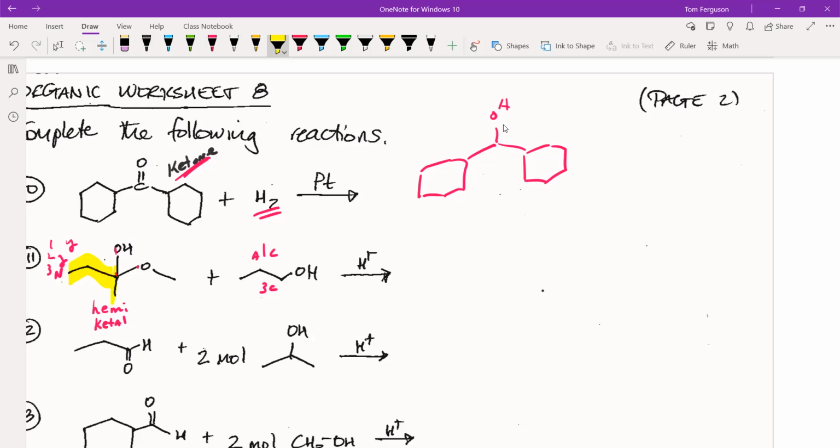And we're going to add, in the place of the OH, another alcohol. So we're going to have the original structure, and right up here it's going to be the new alcohol, which is 3 carbon. So that is now a ketal.